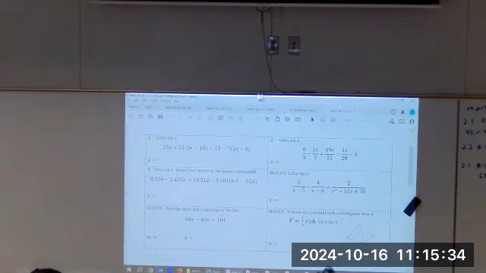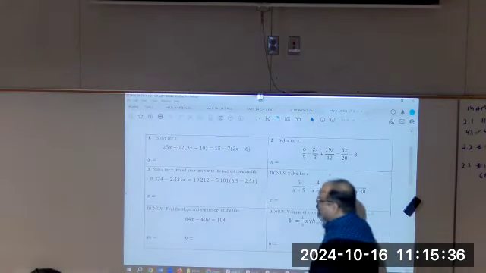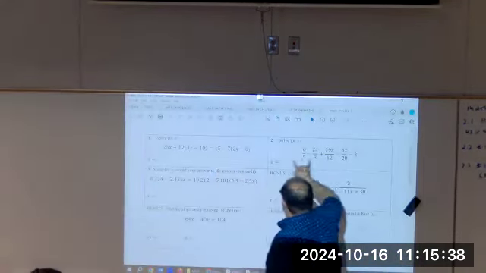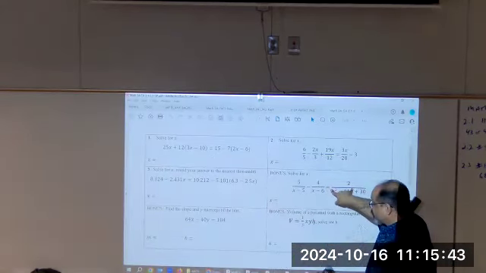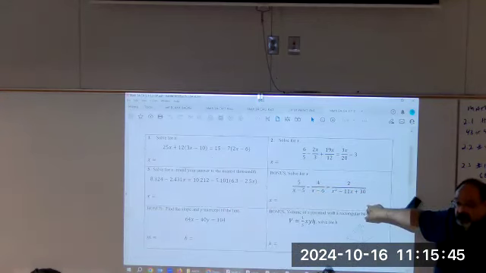So the quiz prep you're going to get: solve the equation. Here's one with fractions. Here's one with decimals. Here's another one with fractions, but bonus level.